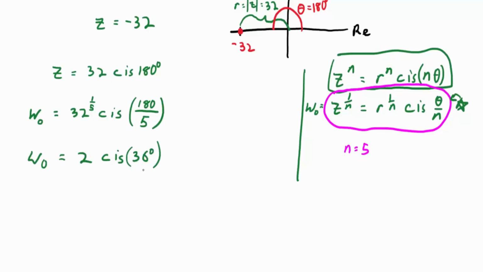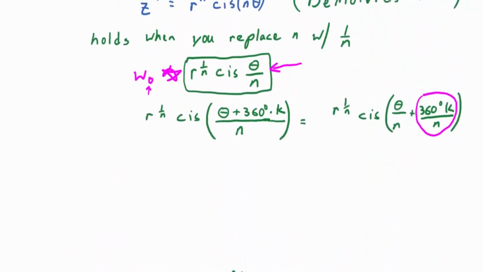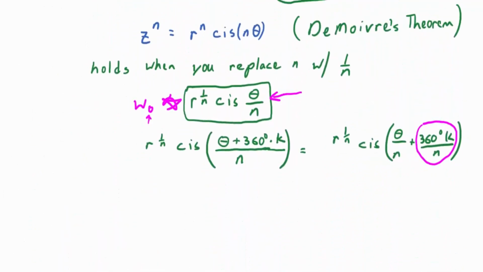Now that's just one of them. There are 4 others. So that little talk I gave you probably wasn't quite clear. It never is the first time you hear it. You can get the others by adding multiples of 360 over n. That's the trick. It's just going to be 360 over 5 added consecutively.